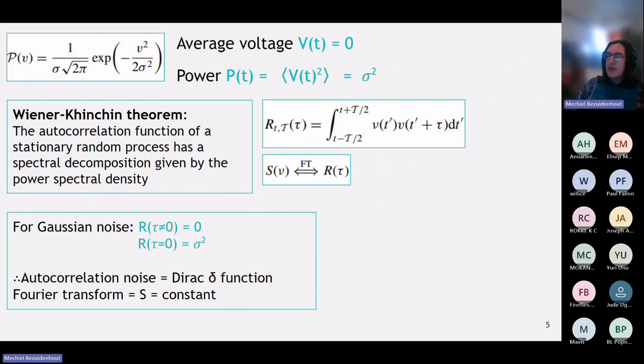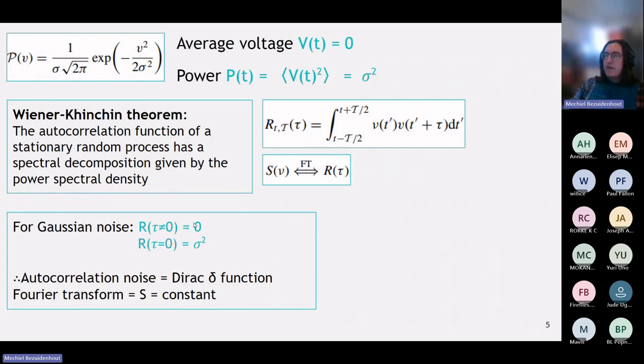So if you have only Gaussian noise in your system, then the autocorrelation for all values of tau not equal to 0 will be equal to 0 because the voltages are uncorrelated. So there's no correlation between voltage from one moment to the next.